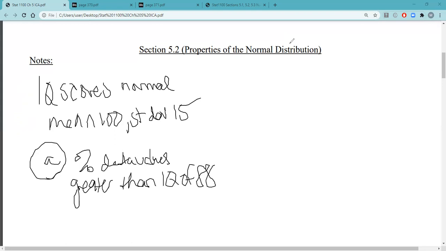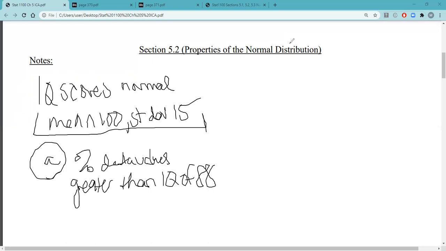So the first thing we need to do is standardize this. We cannot work with this as is because we need an exact percentage. So we don't want to use an estimate. We don't want to use that 68, 95, 99.7 rule. We also don't know if it's exactly within 1, 2, or 3 standard deviations.